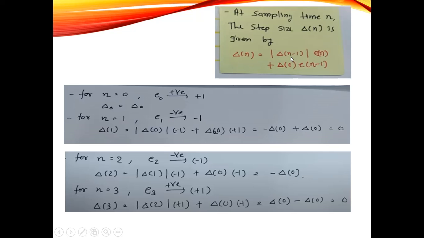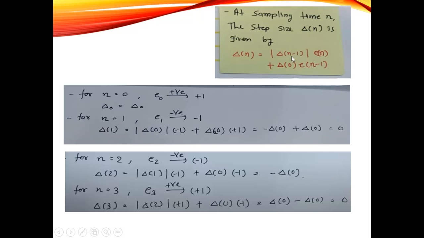I will put this into the equation. Delta 0 is delta 0. For n is equal to 1, e1 is minus 1. Therefore, delta n is delta 1.